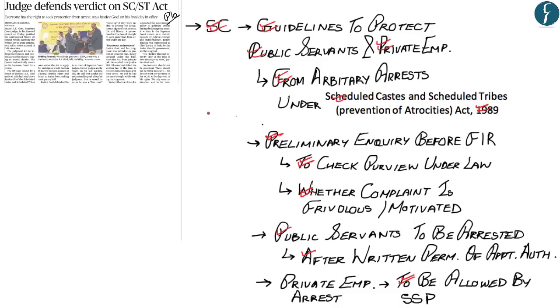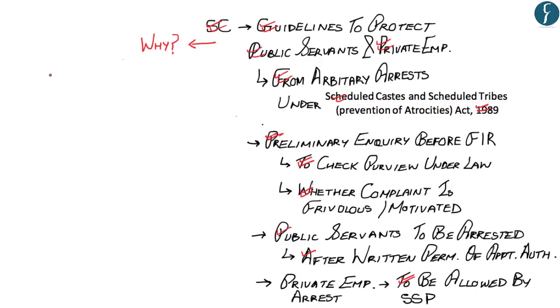Now let us understand why the Supreme Court has issued these guidelines. The Supreme Court had observed that in the past 3 decades there have been several instances of false complaints under the SCST Atrocities Act of 1989, and therefore the Act has been regularly misused to file false complaints.